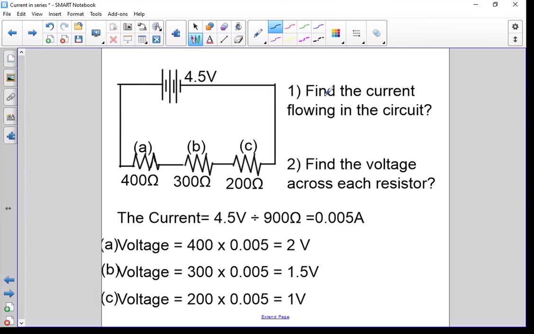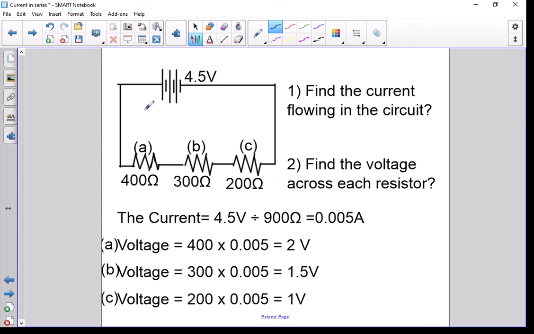So number one, find the current flowing in the circuit. So the total voltage is 4.5 volts. That's the potential difference being supplied to the circuit. We've got 900 ohms in total, so that's all of the resistances added together. So when we divide those two, and we've got to divide that way around, we've got 0.005 amps flowing through our circuit.